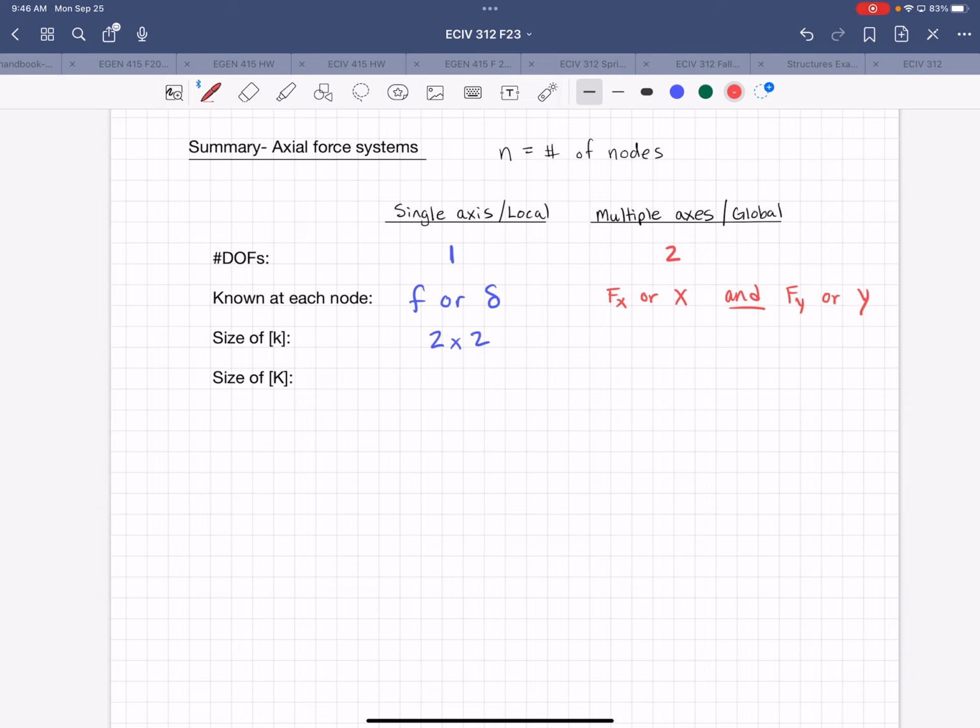Let's see. I'm going to clarify here what I mean by the lowercase k and the uppercase k. The lowercase would be your element matrix. The uppercase k would be the system, or the overlay.